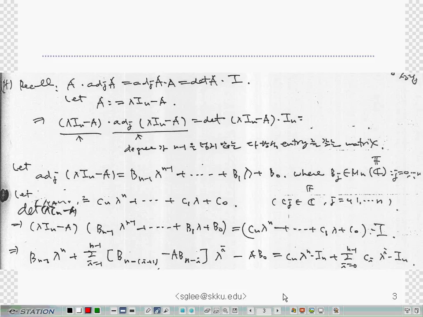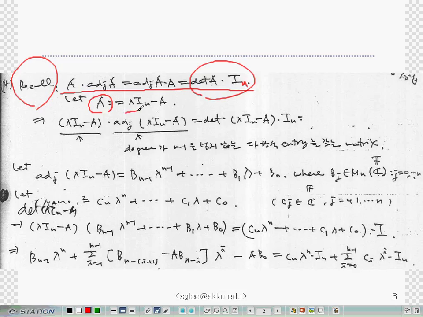Okay, then let's now see the real proof. Now see the proof of the Cayley-Hamilton theorem. This is one of the beautiful proofs of the Cayley-Hamilton theorem. We know this equality: A times the adjoint of A is the same as the determinant of A times the identity matrix.